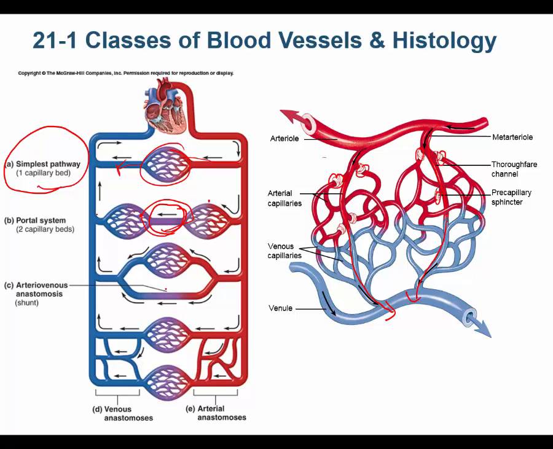This is showing you an arterial venous anastomosis. I would say all of our capillary beds actually have this. All of our capillary beds have a way for the blood to get to the venous side if you were to shut down that capillary bed right there with precapillary sphincters. And then the bottom one is probably in reality how all of our capillaries exist.